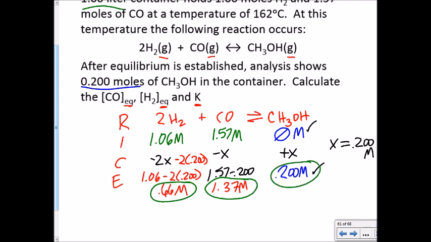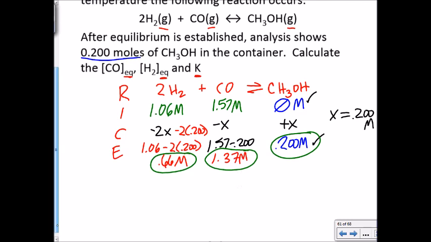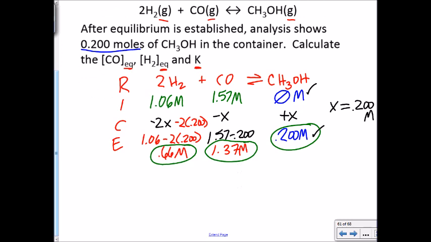Those are all our equilibrium concentrations, so we can plug them into the K expression. So we need to write out a K expression. K is going to be the concentration of the methanol over the concentration of the hydrogen squared times the concentration of the carbon monoxide.